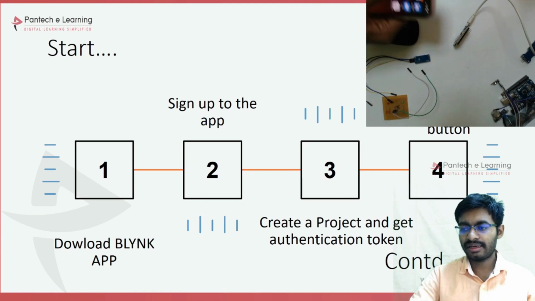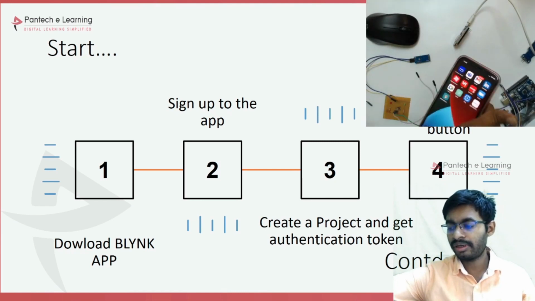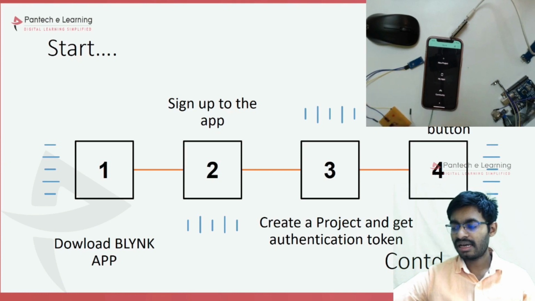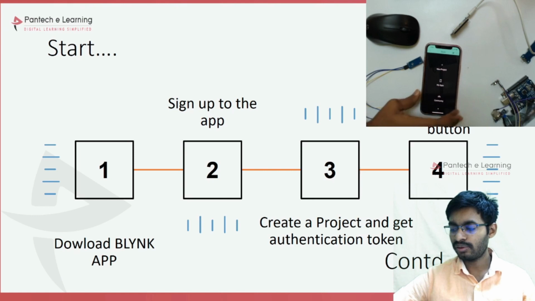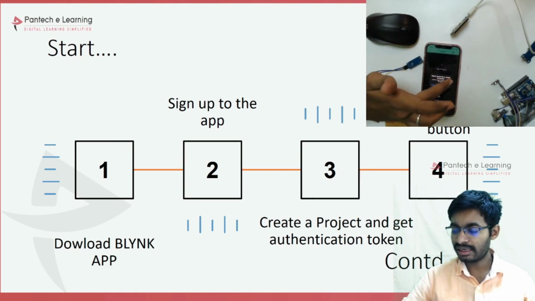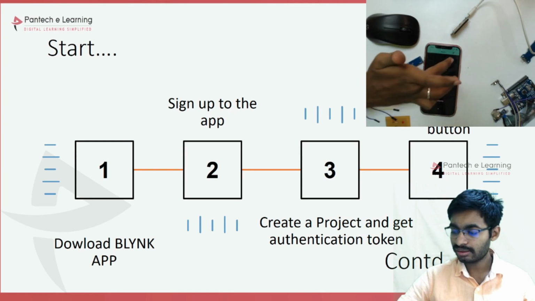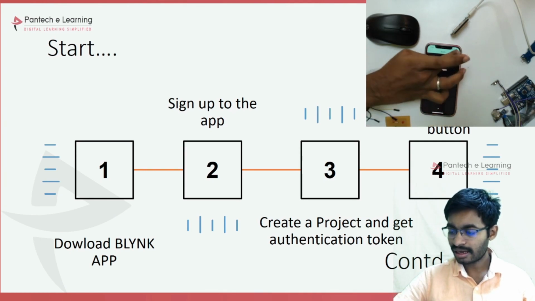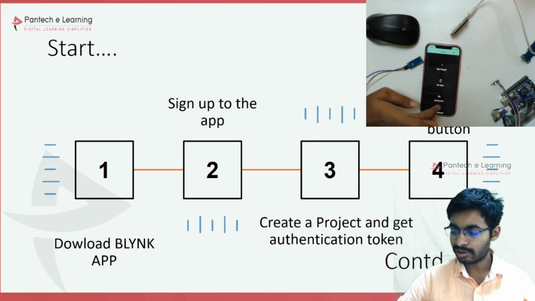Here I use my Blynk app. This is my Blynk app. I have already logged into it, and once you log in it will show like this. If you want to scan any QR code to get the key, that is also okay. To know about the Blynk app you can tap on it.